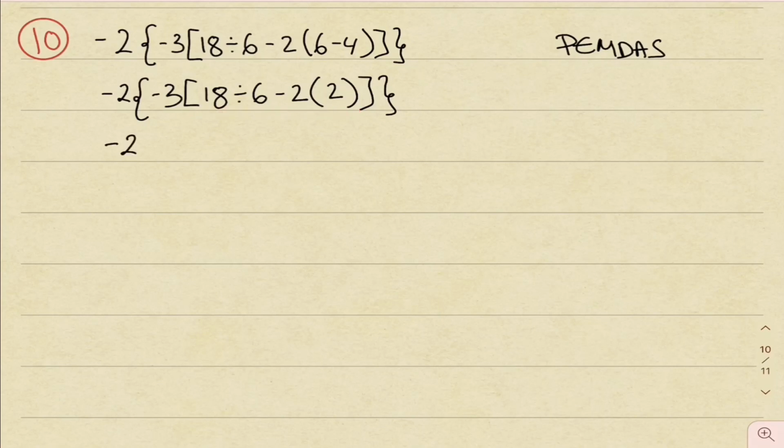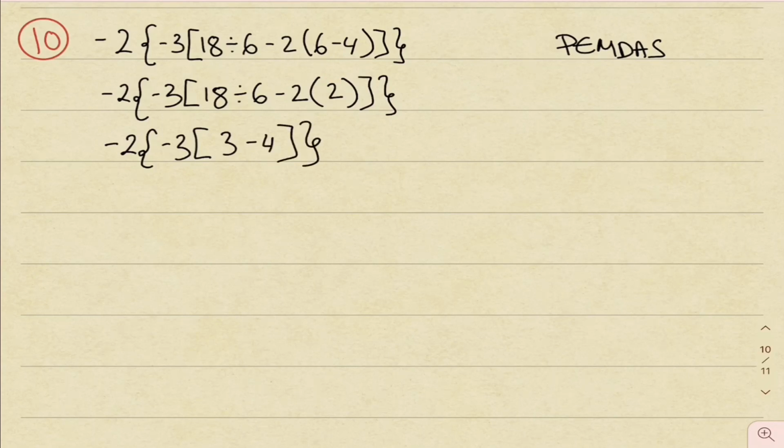So I have negative 2 minus 3. Now inside of the brackets, I have division, subtraction, multiplication. So division and multiplication go before subtraction, and division and multiplication have the same priority, so I'm going to work from left to right. I have 18 divided by 6, which is 3. And now I have negative 2 times positive 2, that's going to be negative 4.